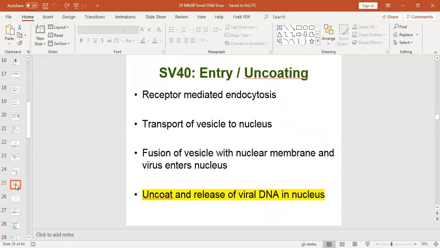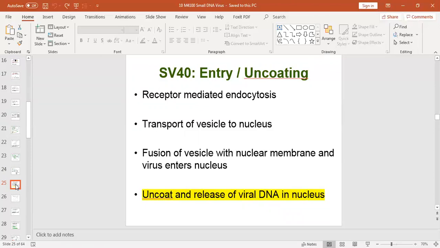Slide 25, SV40 entry and uncoating. Entry of SV40 is through receptor-mediated endocytosis. After it gains entry into the host cell cytoplasm in a vesicle, it will be transported to the host cell nucleus, where the vesicle will fuse with the nuclear membrane, and this way the virus will gain entry into the host cell nucleus.